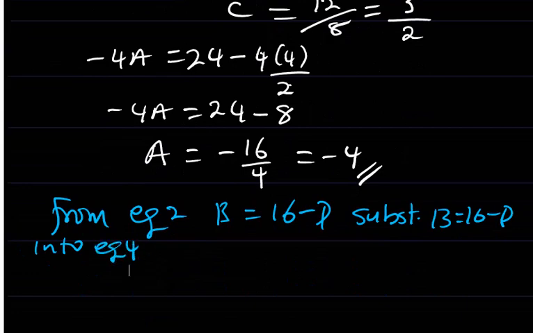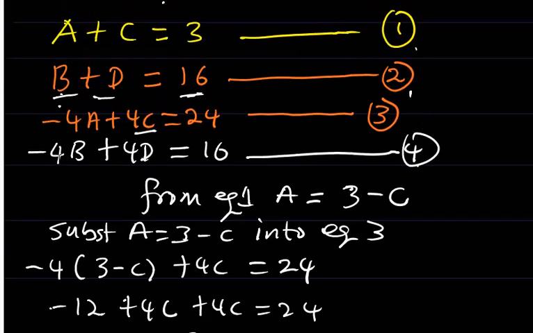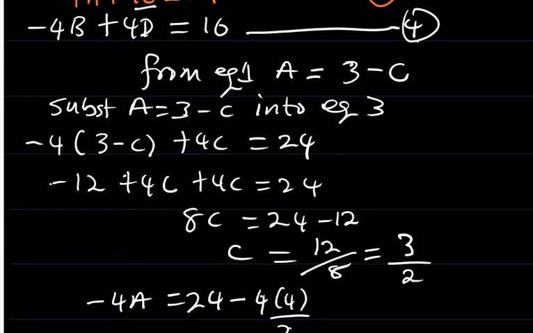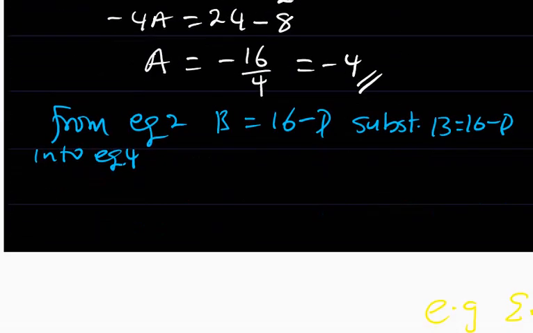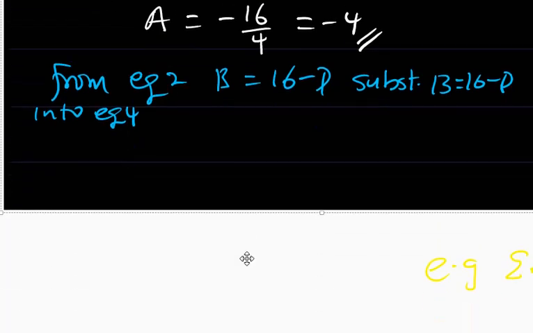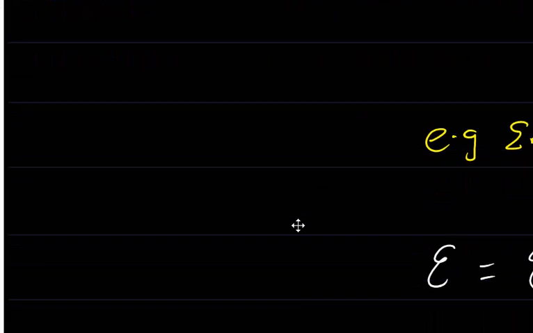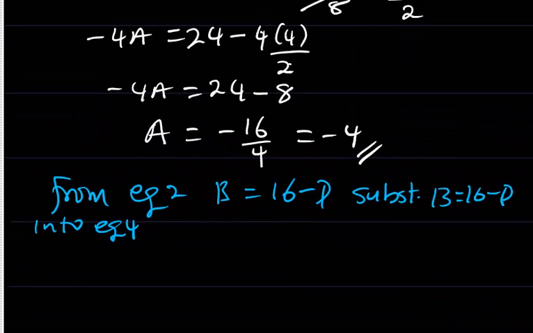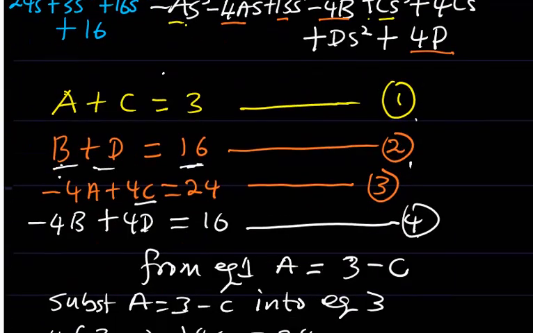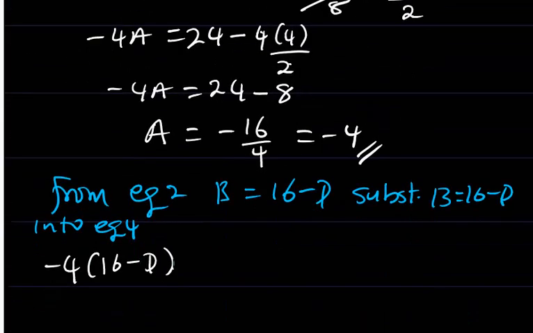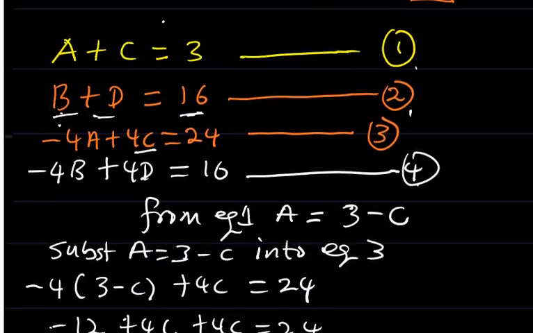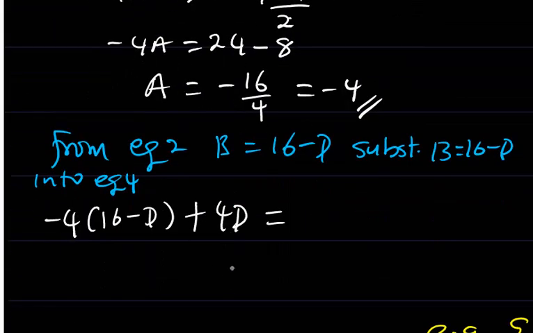In equation 4 I have minus 4B plus 4D, which is equal to minus 4 into 16 minus D, then plus 4D, equal to 16. So let's open this up.